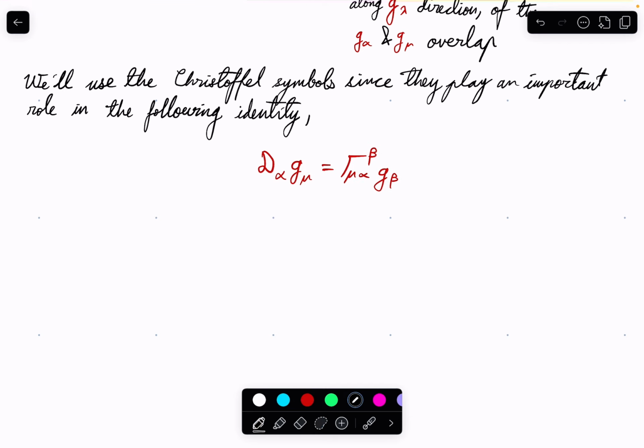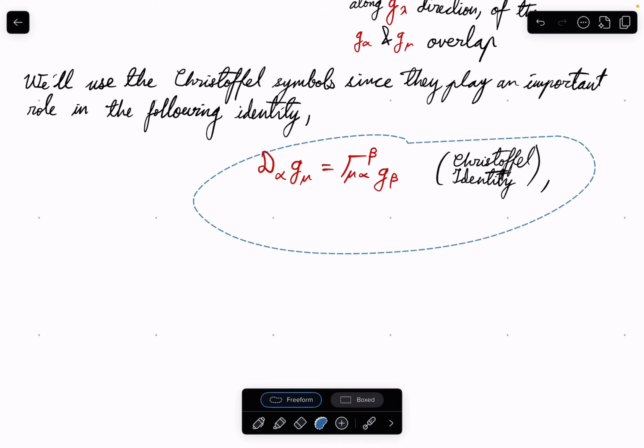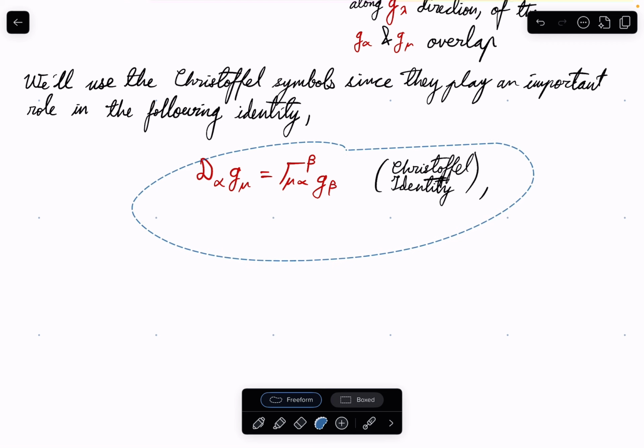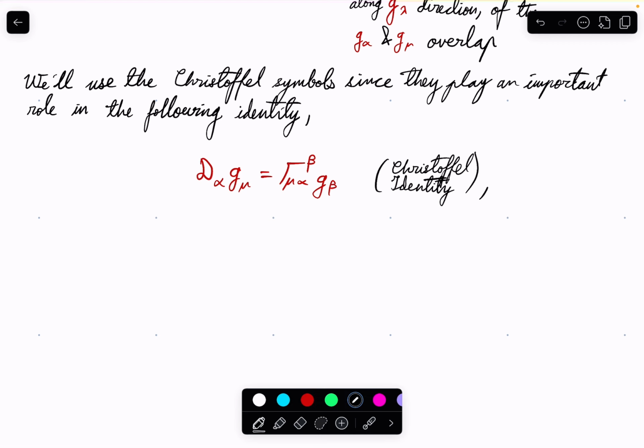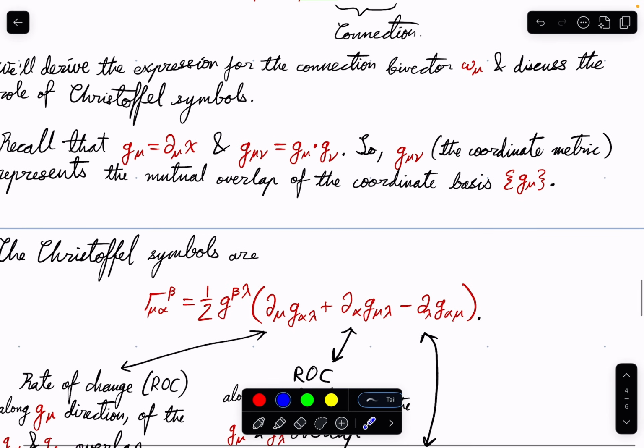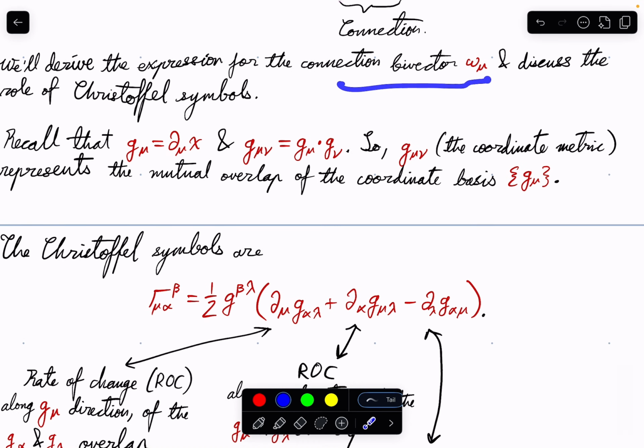And this Christoffel identity is going to be incredibly important for our calculation of the connection bivector omega mu.